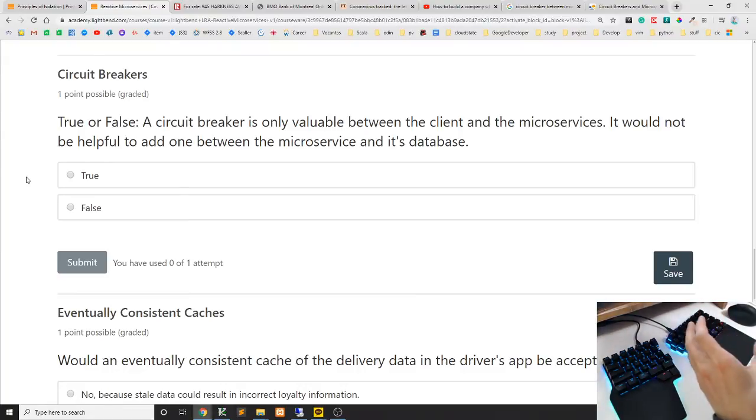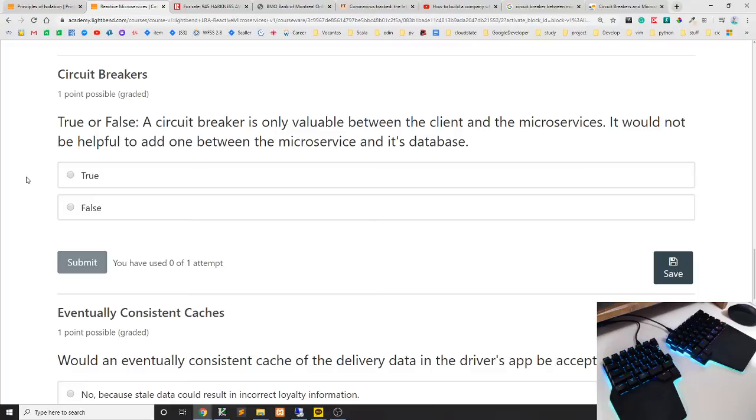What I'm thinking here is that the circuit breaker is required because it is an asynchronous message system. The microservice doesn't answer back to the client right away. So when the microservice is stuck at one point, the client will ask it again.